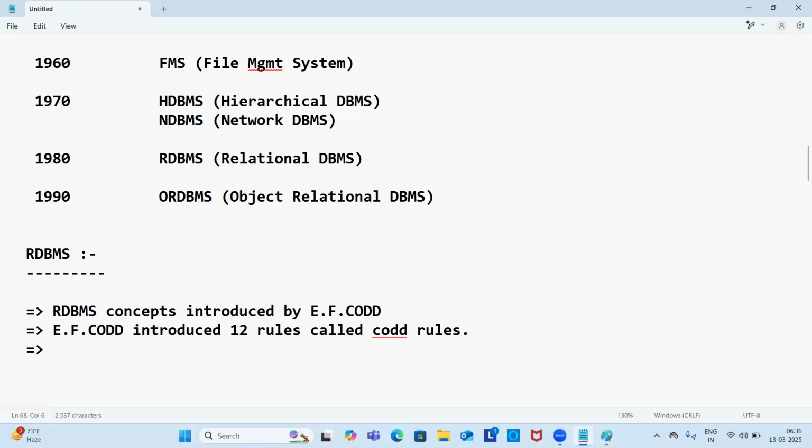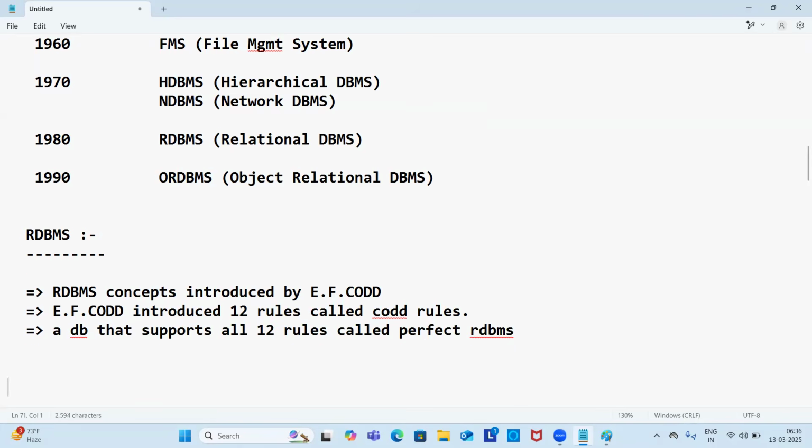A database that supports all 12 rules is called a perfect RDBMS.